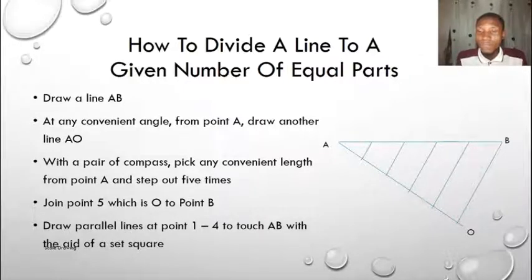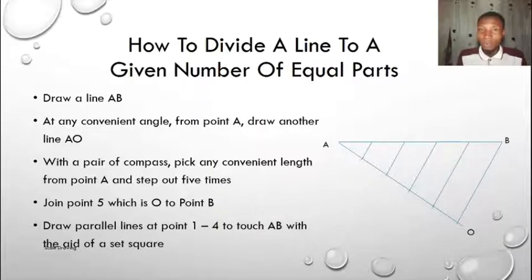If you follow the steps correctly, and mind you, when making the marks you have to do it accurately, because that's what's going to determine if the line is divided into 5 equal parts. If you make any error when dividing the line OA into the 5, for example if at one point you have 5 millimeters and the other one you have 5.1 millimeters, any slight error is going to affect the dividing of the line into equal parts.